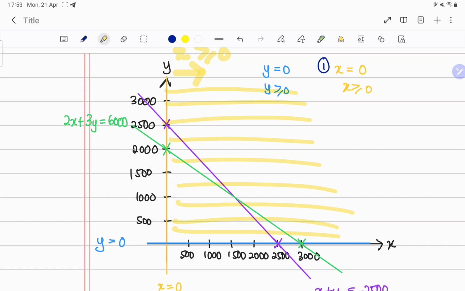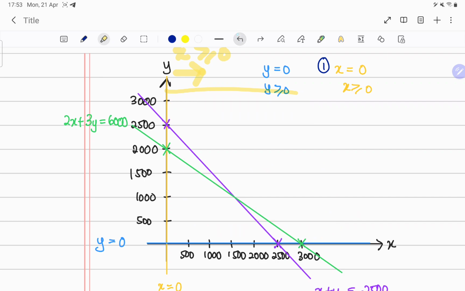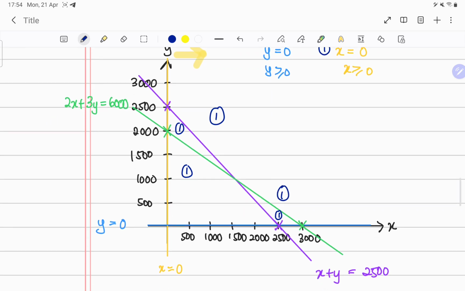If you don't want to do the shading, it's up to you. Now, I remove this again. What I will do is label with numbers. So apparently, this is 1, this is 1, 1, 1.